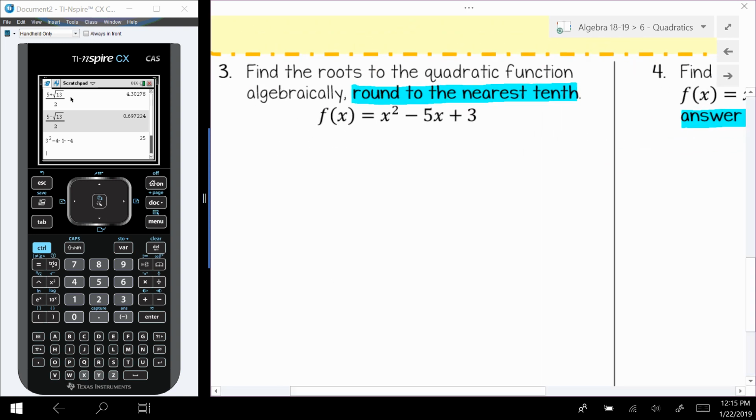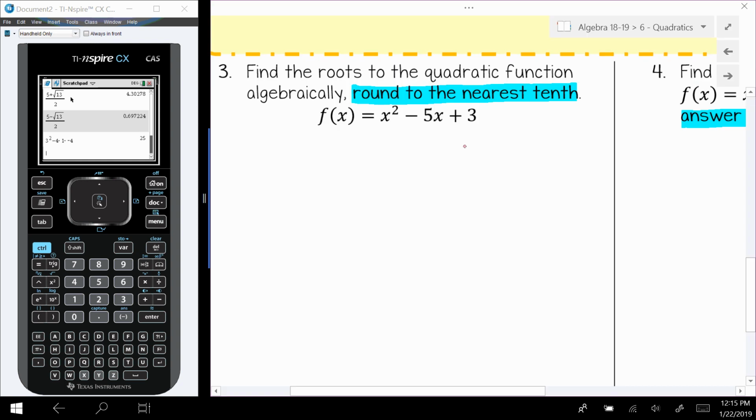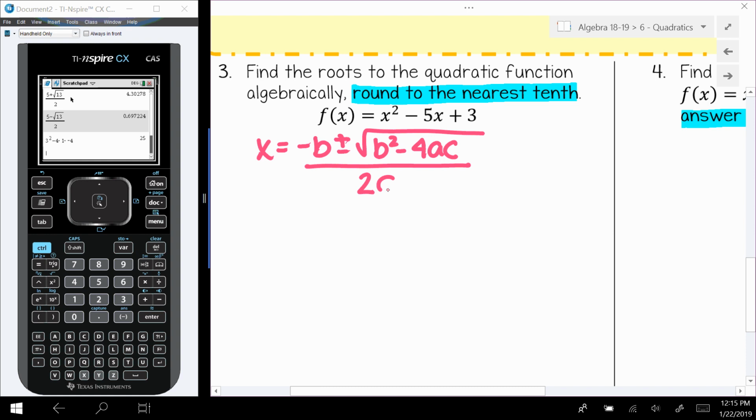And this is when you reach in your back pocket and you pull out your handy dandy quadratic formula. So let's set her up. X equals negative b plus or minus the square root of b squared minus 4ac all over 2a.